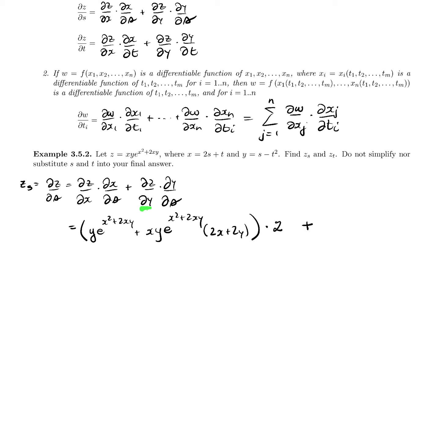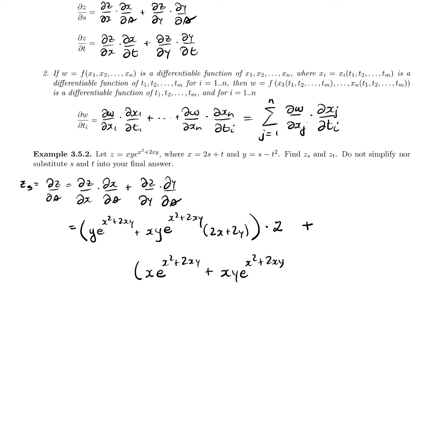Plus, now del z del y, so we have to take the partial of this with respect to y. So that is also going to be a product rule. So we're going to get x times e to the x squared plus 2xy plus xy e to the x squared plus 2xy.